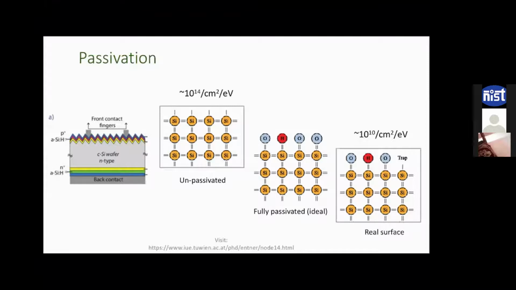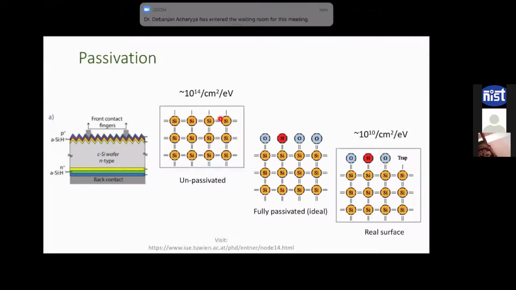In a crystalline silicon bulk, the silicon atoms are arranged in a periodic manner. Silicon having valency 4, it makes bonds with the 4 neighboring silicon atoms to form a stable structure. But what happens at the surface?